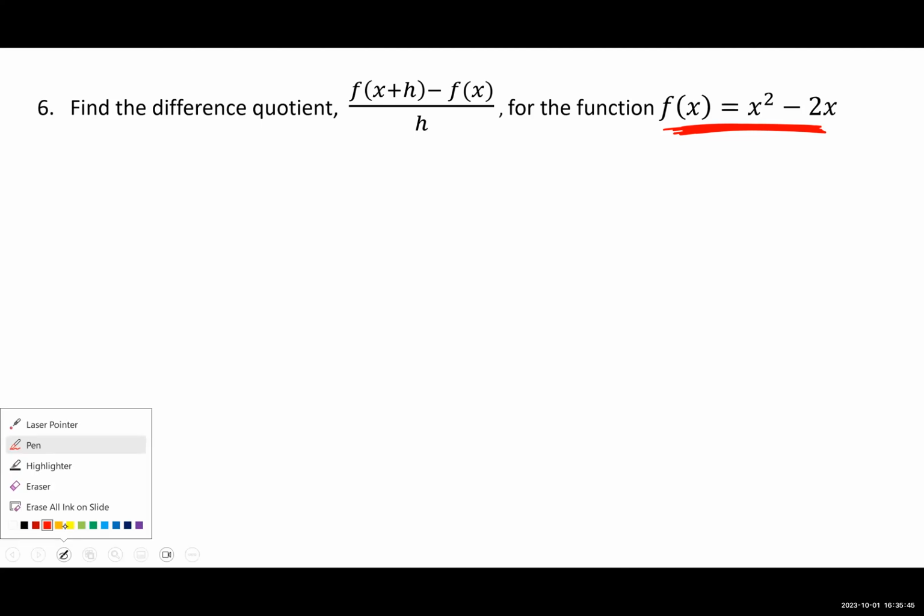Now, the difference quotient, it's got three pieces. It's got the f of x plus h. So you're taking that, and that's going to be, in this case, some polynomial.